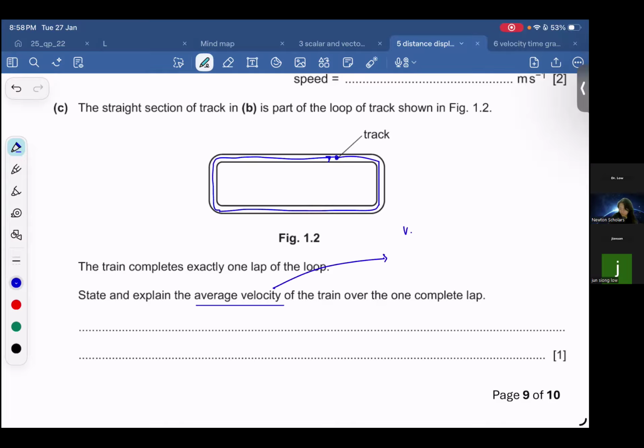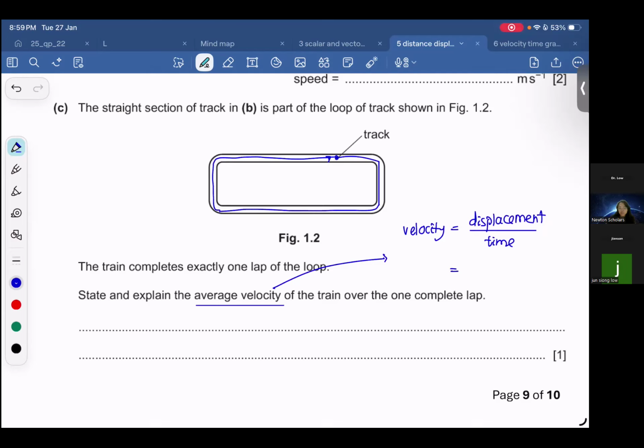Average velocity is the total displacement divided by time. Jiaxuan, tell me. What is your displacement? First question, what is your displacement?